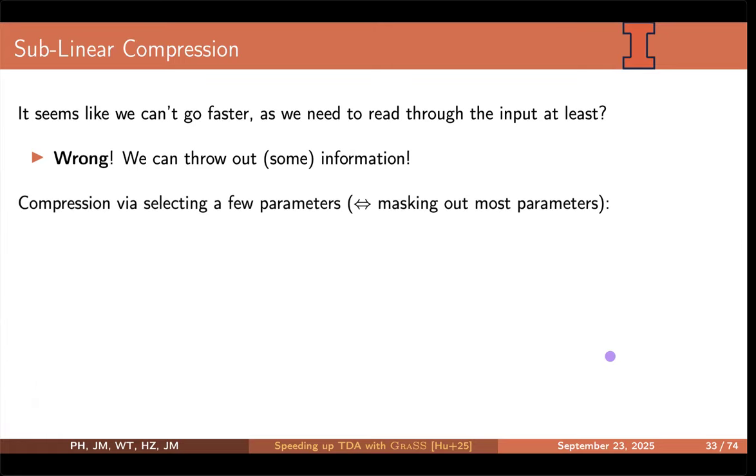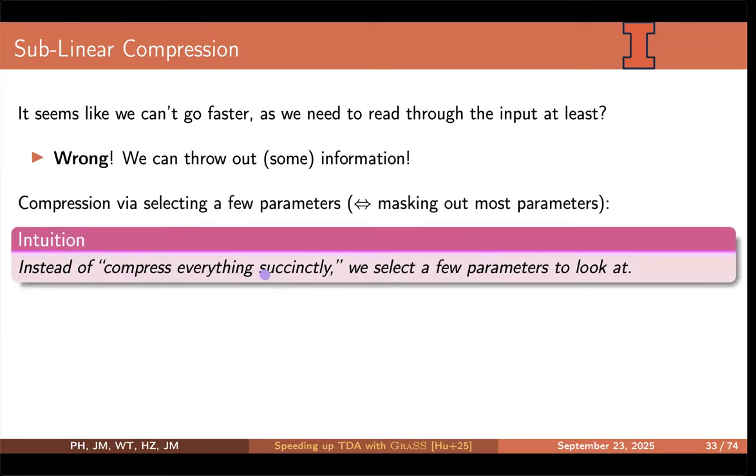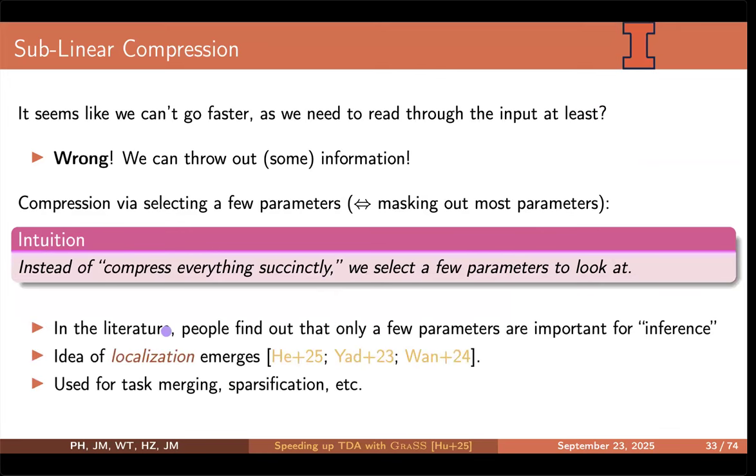Instead of compressing everything succinctly, what if we just select a few parameters to look at and throw out everything else? And why this works is that in the literature, people found that only a few parameters are important.